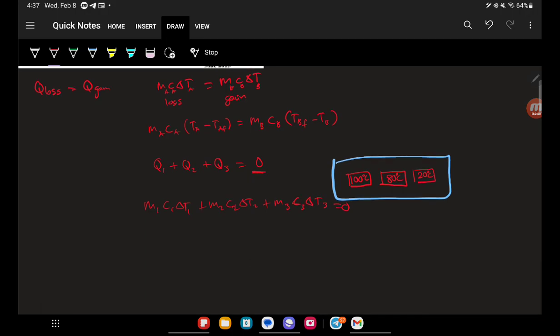The reason it equals 0 is that among these three objects there is a net transfer between them, but there is no heat going outside, and no heat going inside.